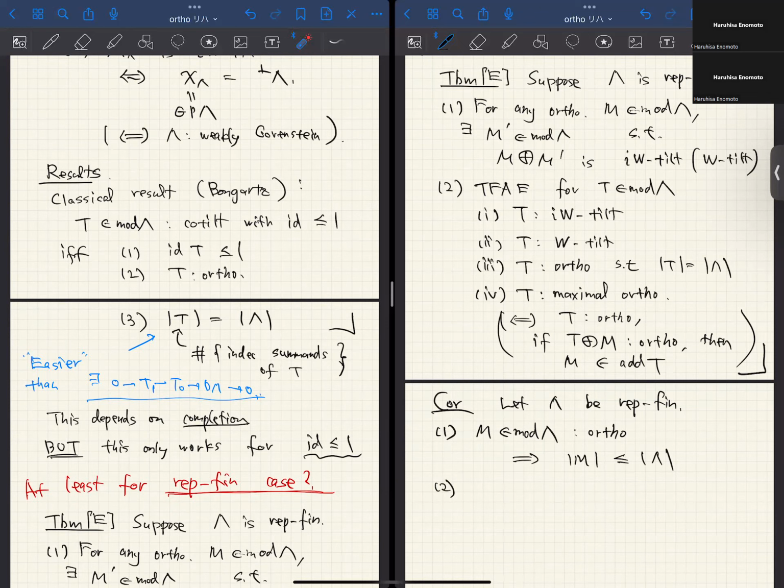The second is that if this is Wakamatsu, so it satisfies these equivalent conditions, then in the representation finite case these two subcategories always coincide.